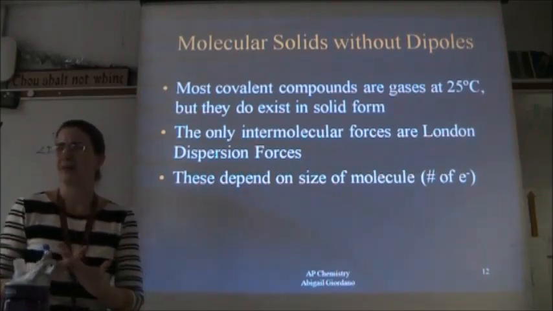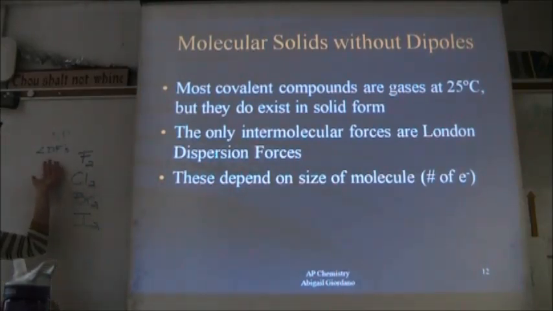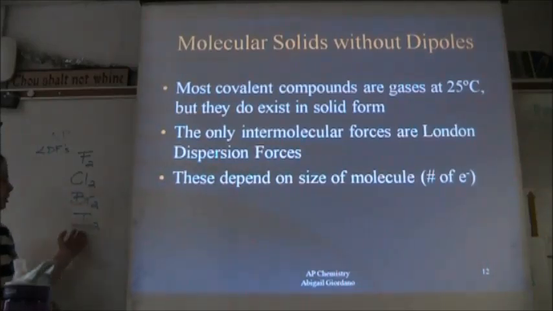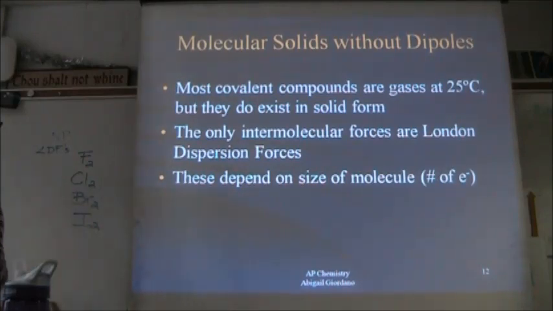Why? I mean, they only have LDFs. I thought these were supposed to be super duper weak. What's going on with iodine here? That's that $1 million word. I2 is a very polarizable molecule. And why is that? Because it's so large.